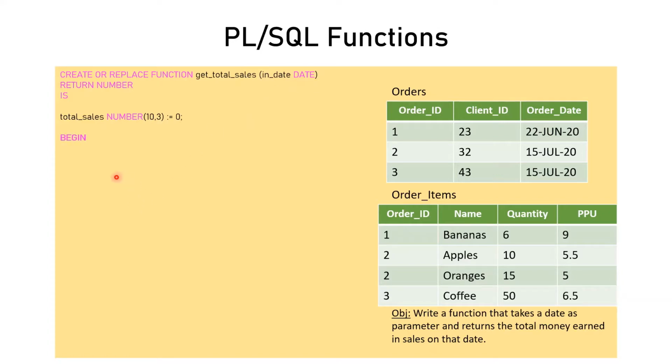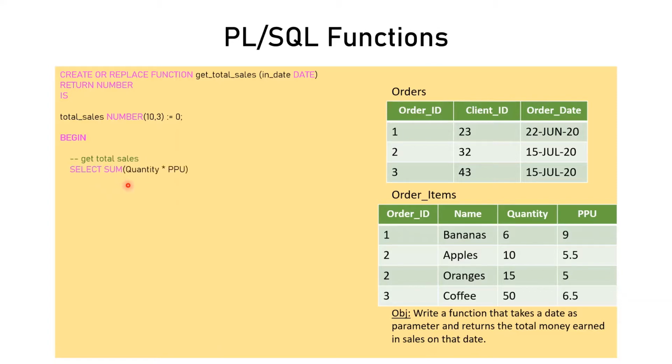Now we have our main function body, and in this case, we will be writing an SQL statement that will give us the total sales or total money earned in sales on that date. So we can understand from our objective that we have to use the sum aggregate function here as well.